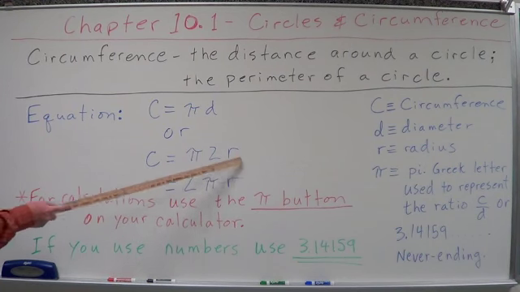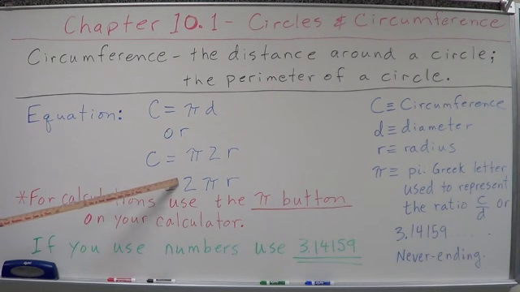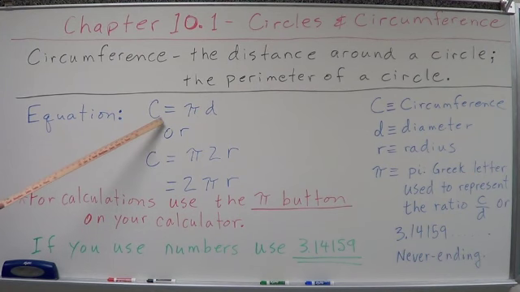They split the 2 and r up and put the 2 in front because it is a number constant. So c equals 2 pi r is a very common one. Also you'll see c equals pi d. Some form of those should be on your geometry formula chart.